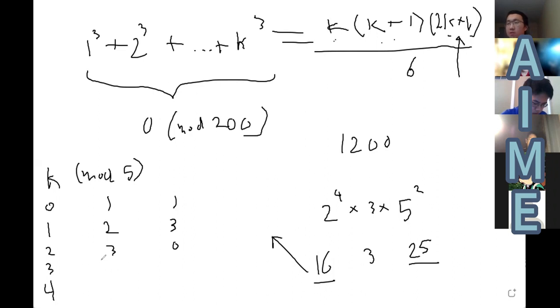And then if 2k plus 1 was 0 mod 5, it would mean that k would be 2 mod 5. But if k was 2 mod 5, then neither k nor k plus 1 would be divisible by 5. So only one of them can ever be divisible by 5 at a time, which means that one of them has to be divisible by 25.